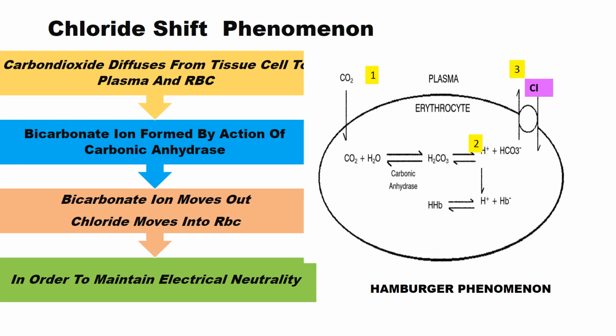This movement of chloride into the RBC is known as the chloride shift. It is mediated by band 3, the major anion exchange membrane protein, also known as the anion exchanger. This chloride shift is very rapid and is essentially completed within 1 second.